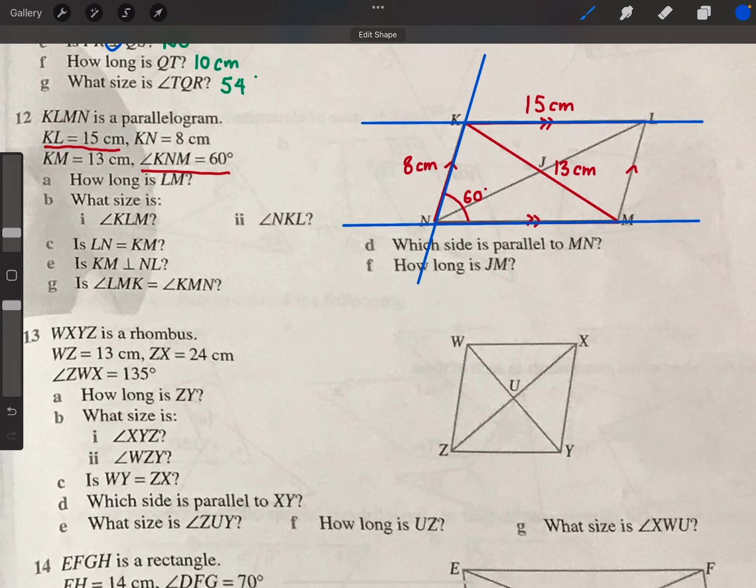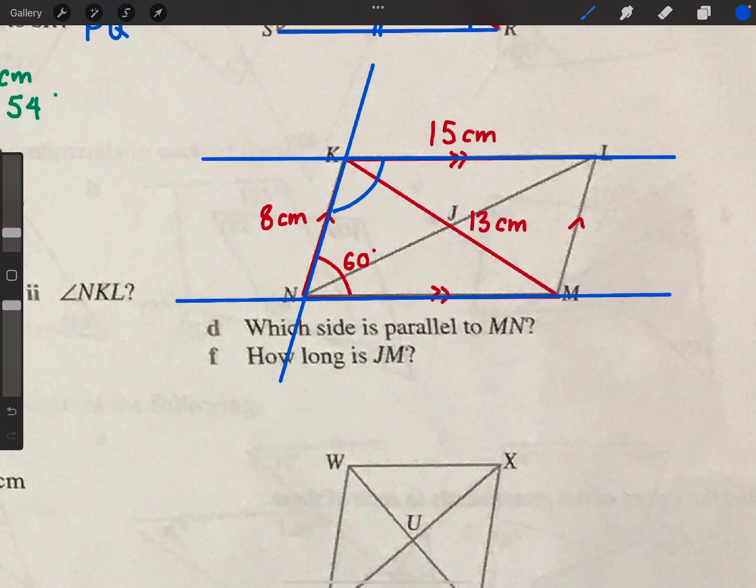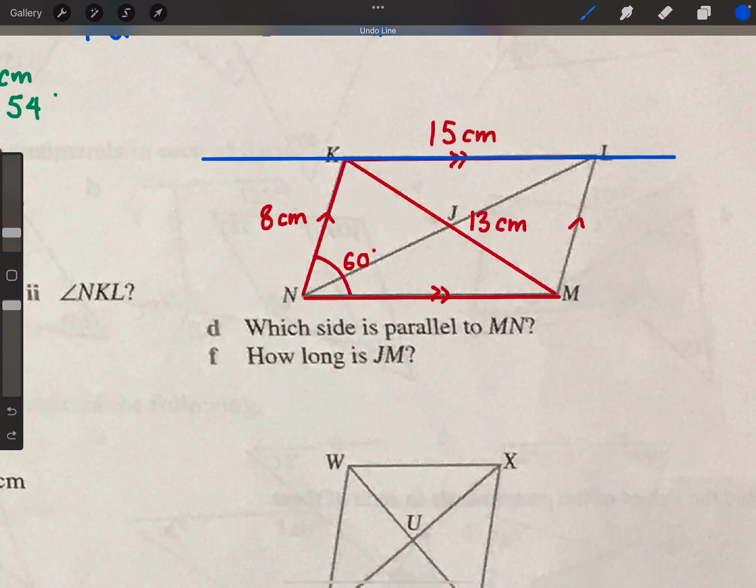Imagine I have this angle here. You can see that it's an obtuse angle, and this is an acute angle. Remember, an obtuse angle plus an acute angle must equal 180 degrees. So if this is 60, this one must be 120. Same thing here, that's 120. Let me get rid of all these lines and put in 120.